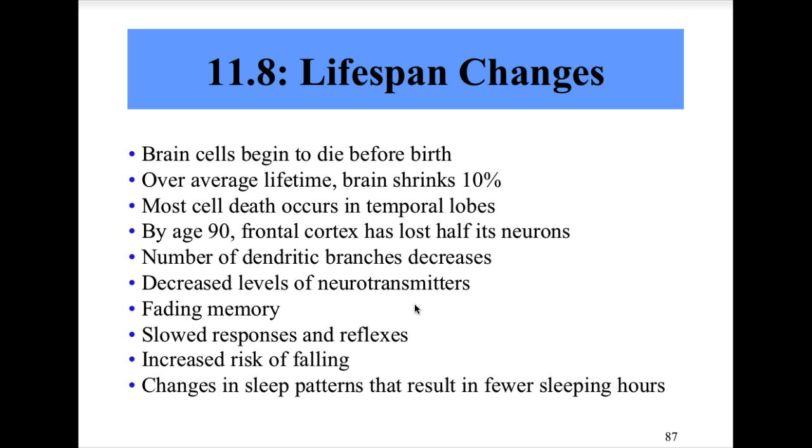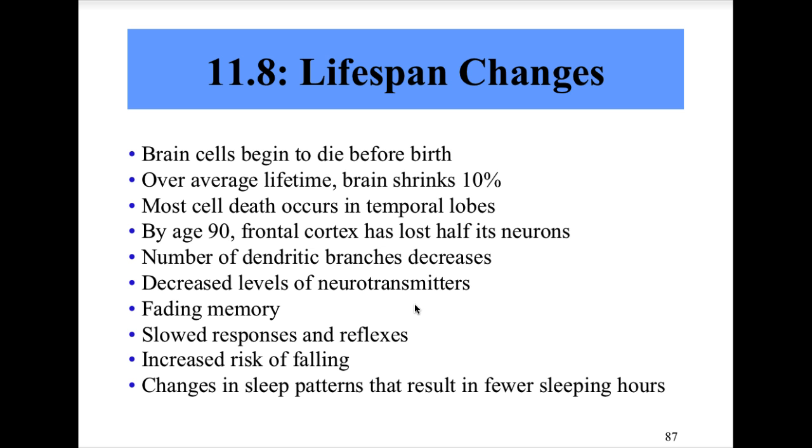By age 90, the frontal cortex has lost half its neurons. The frontal cortex is all about reasoning, logic, and some of your skills. The number of dendritic branches also decreases, and you have decreased levels of neurotransmitters. Therefore, you get fading memory and slowed responses and reflexes, so you start to lose some of that motor function.